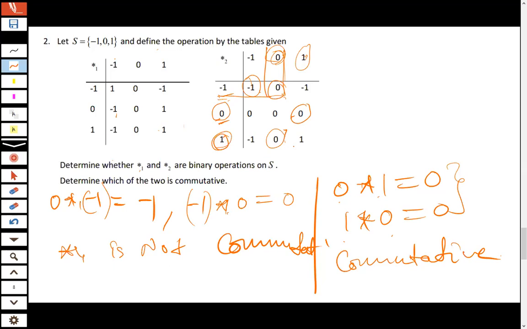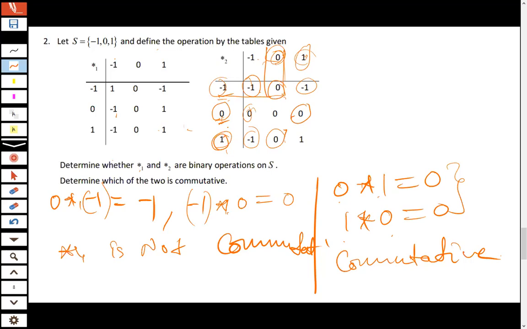The reason why I'm picking specific numbers: when you look at these other numbers like 1 star -1, the answer is -1, and -1 star 1, the answer is still -1. All these numbers show us that star 2 is commutative. 0 star -1, the answer is 0; -1 star 0, the answer is still 0; 0 star 0, the answer is 0.